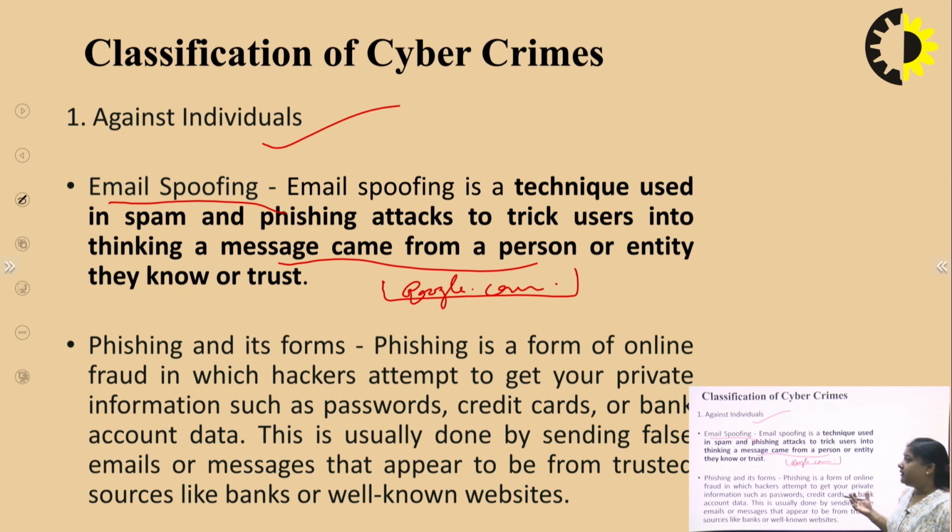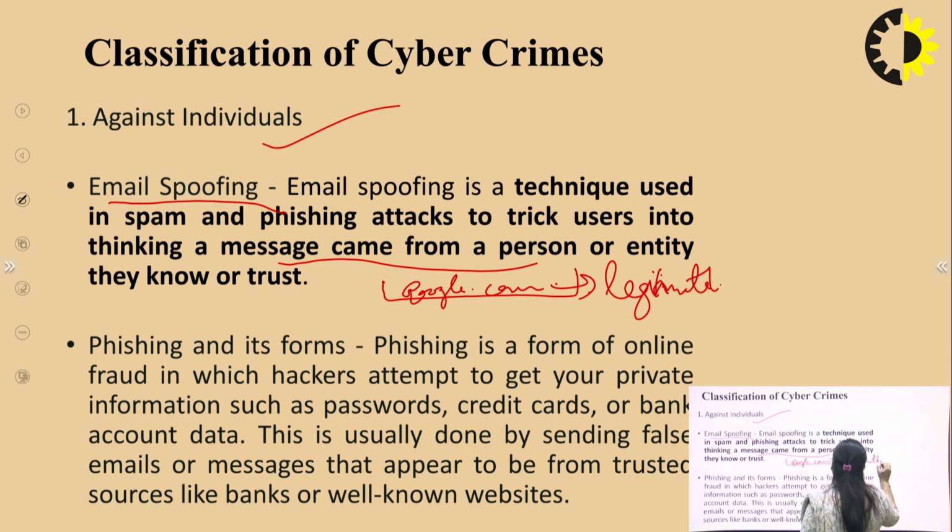The email that comes to a person is formatted in a way that it looks very legitimate and trustworthy, and the person who receives it may click on it. If there is some link provided in that email and he or she clicks on that link, it may be very harmful to that person.